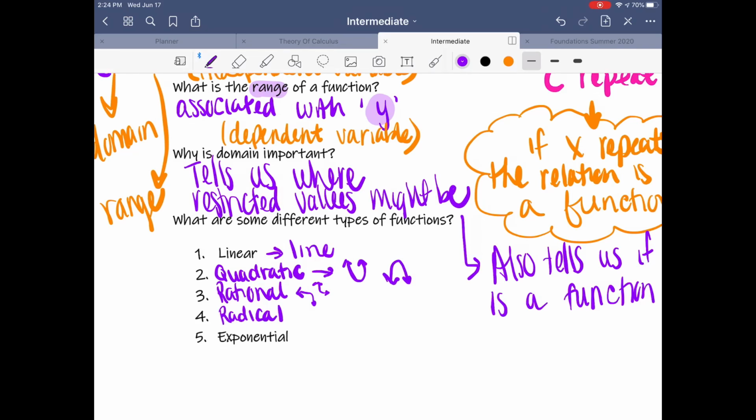Radical and exponential. Those are just some different types. There's logarithmic, there's other types, but these are just a few.